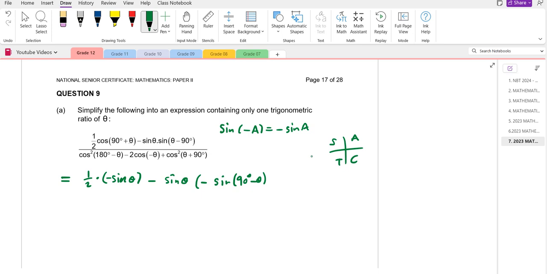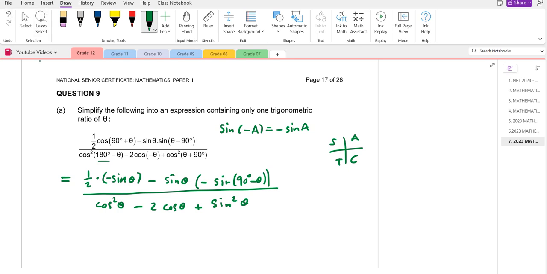Or you can add a 360 and make it 270, right? Cos squared 180, we're not going to worry about that because it's squared, so it's just going to become cos squared theta because of the 180. Trig ratios do not change. Cos of a negative angle is the positive angle, cos theta, plus cos squared of theta plus 90, that's going to become sine. Alright, so we can just write down sine squared theta, okay, because I squared the negative already.